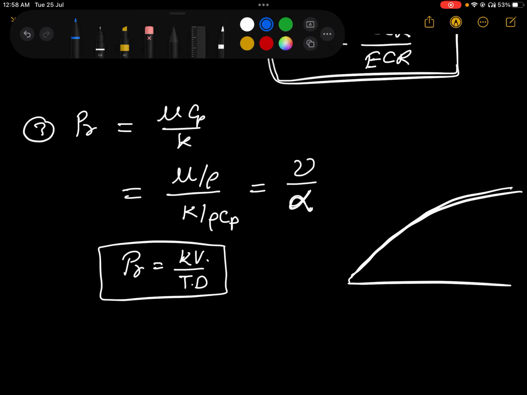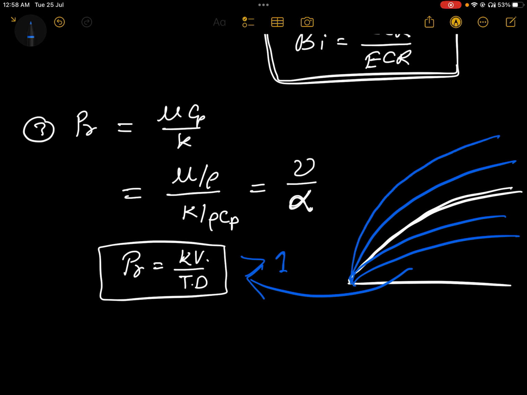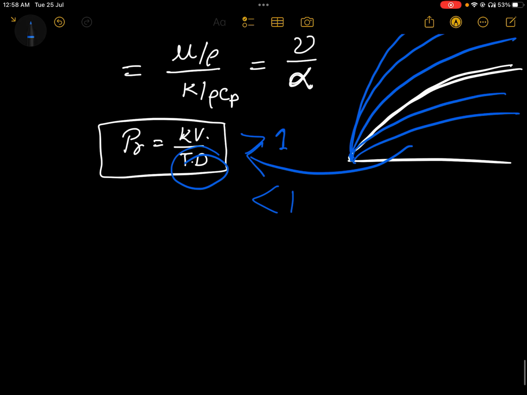It could be here or here or here. That is decided by the Prandtl number. If Prandtl number is more than 1, kinematic viscosity is more, so the hydrodynamic boundary layer will be thicker. If it is less than 1, thermal diffusivity is more dominating, so the thermal boundary layer will be thicker. That's how Prandtl number decides.